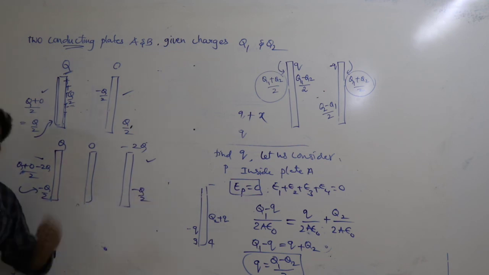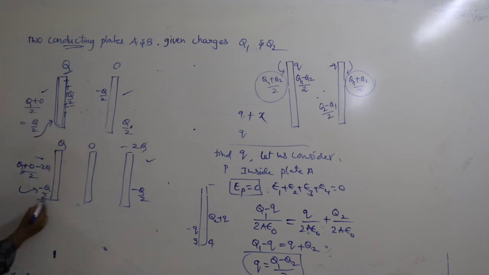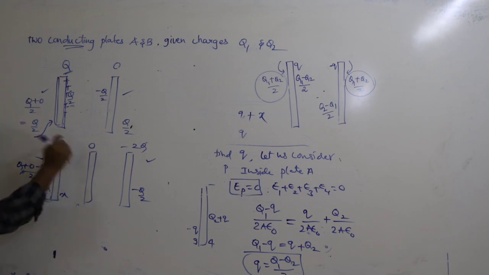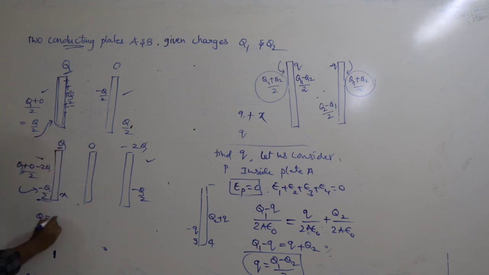When you know the outside charges, it is easy to find all the surfaces. This side is minus q by 2, and the plate should total q, so I take this unknown as x. The sum of the two must equal q, so q equals x plus minus q by 2. Bringing it to this side, it will be 3q by 2.